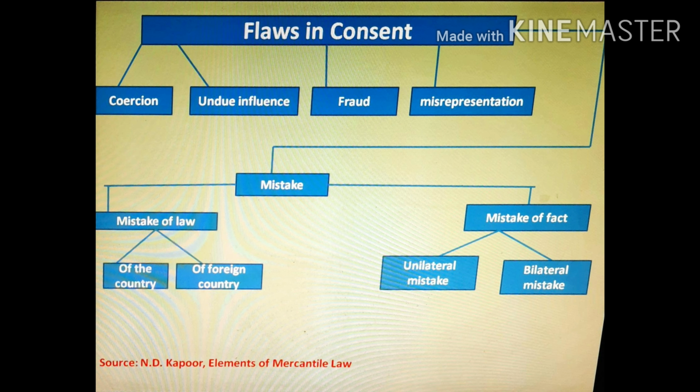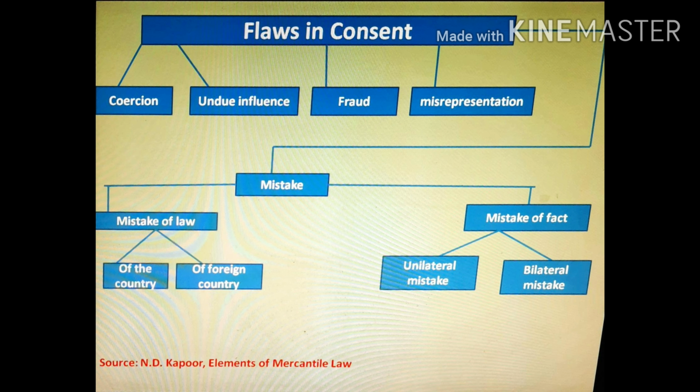Right? Similarly, bilateral mistake. Both the parties to the contract are committing a mistake. No headache, no issues, both are at mistake. So the agreement itself is void. No question of converting the agreement into a contract. Right? Am I clear? If both the parties are committing a mistake, it is invalid from the beginning, void ab initio.